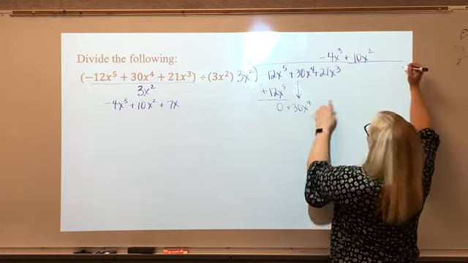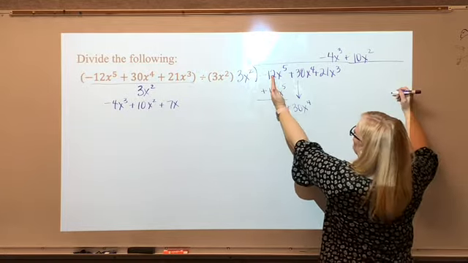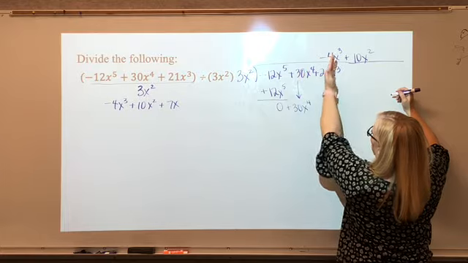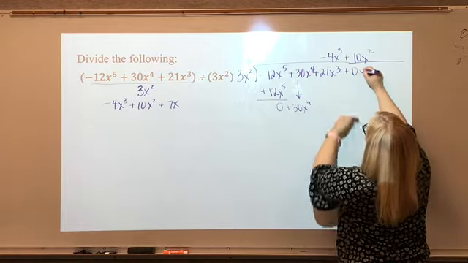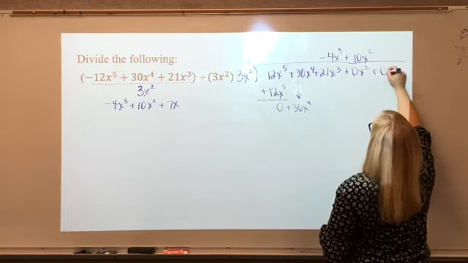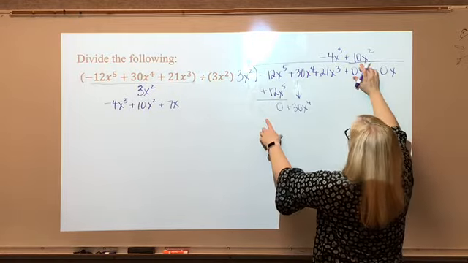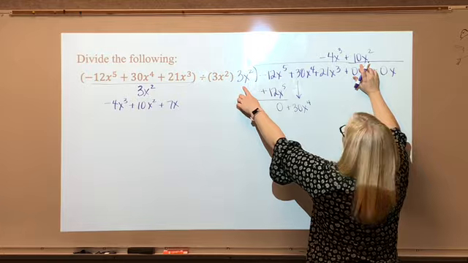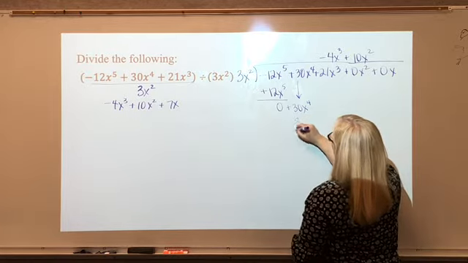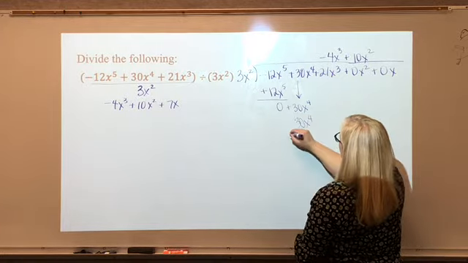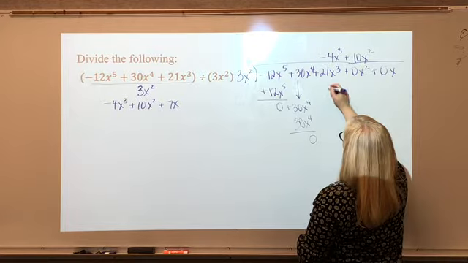And look, I know I'm going out here, but I've got an x to the 5th column, an x to the 4th column, x to the 3rd. I can even do 0x squared plus 0x if I really wanted to. Okay? Now I'm going to multiply. 10 times 3x squared is 30x to the 4th. Subtract, I get 0.